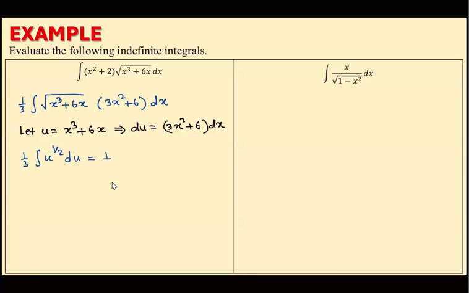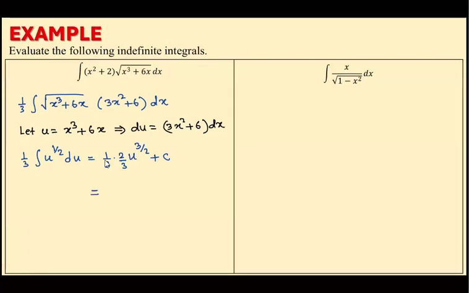Now we can integrate that easily. 1/3 is a constant. We can keep it as it is. And the integration of u to the 1/2: we increase the power by 1, so that becomes u to the 3/2. And we divide by 3/2, which is the same as multiplying by 2/3, and then plus c. This is the value of the integration, but that's not my final answer because I have to resubstitute the value of u.